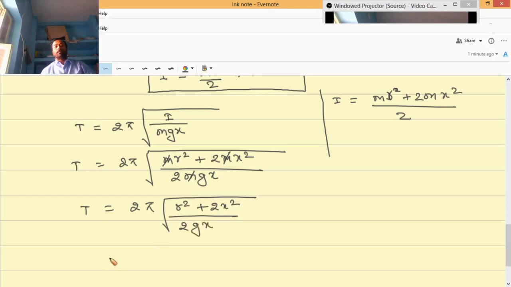This is the equation for the time period for the considered point.